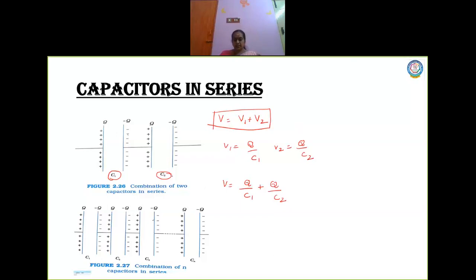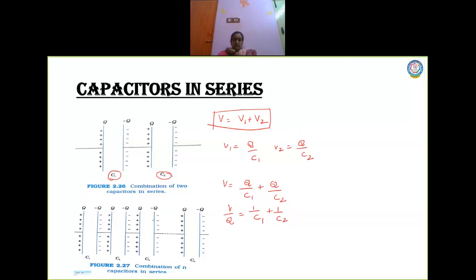Or I can also write, bring this Q to the left hand side. In that case, it comes in the denominator, right? When you take Q common, you have 1 by C1 plus 1 by C2. Bring that Q to the left side. So I have V by Q equal to 1 by C1 plus 1 by C2. Is it fine, children? Right.